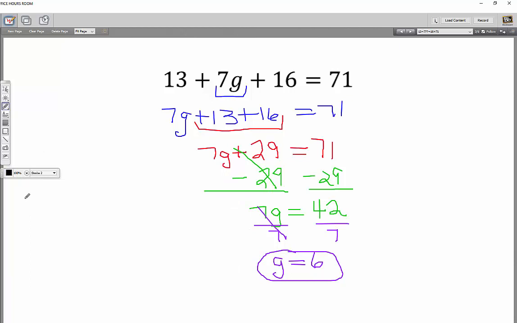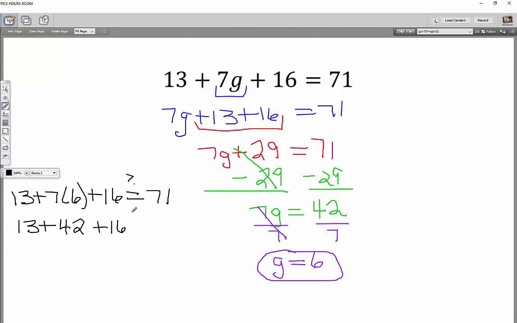Is that correct? Well, I don't know. Let's see. 13 plus 7 times 6 plus 16 equals 71. We're going to go ahead and plug our solution back into our original equation. 13 plus 7 times 6 is 42 plus 16. Does that equal 71?